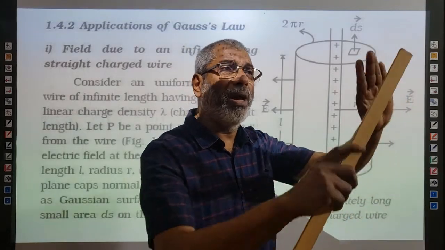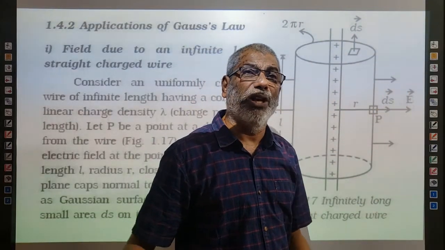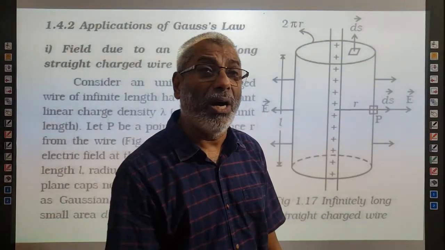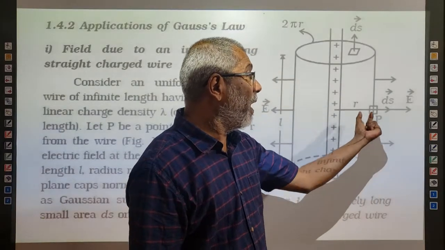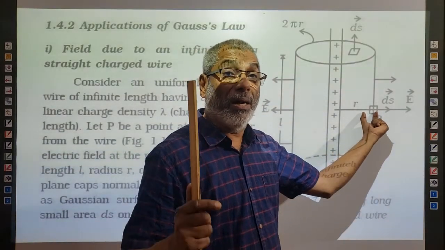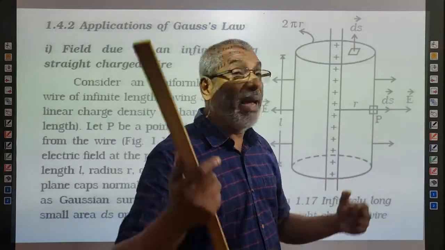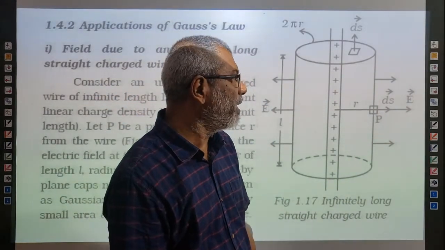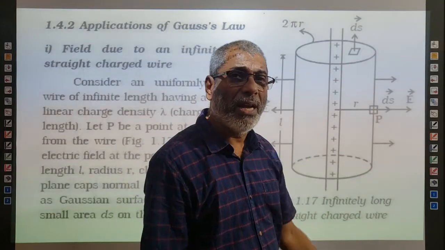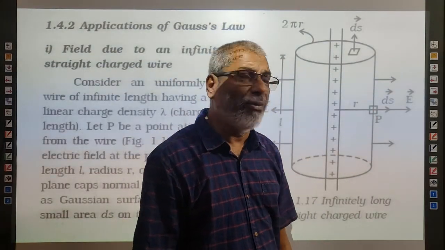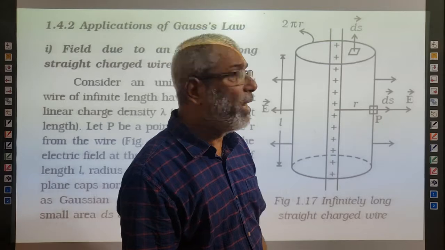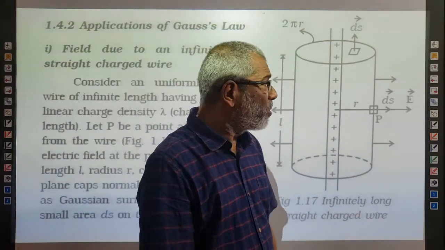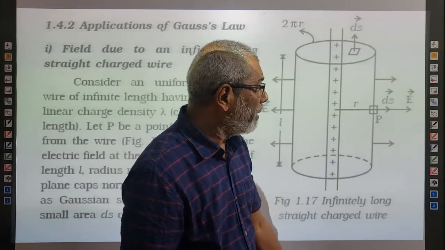So we are considering a cylindrical surface enclosing the linear charged body, such that the point P lies on the surface of the Gaussian cylinder, where we wish to calculate the intensity of electric field due to this line of charge. Here you will see one more thing.